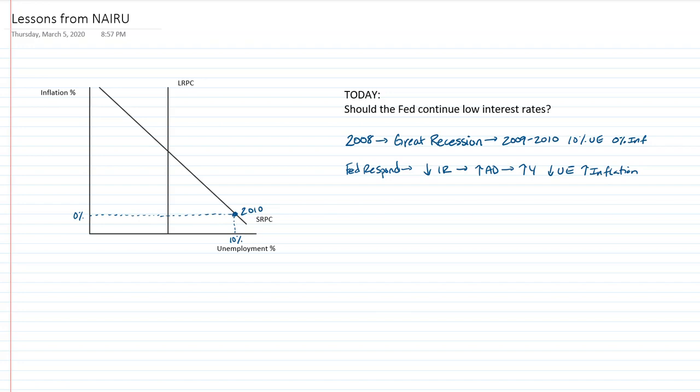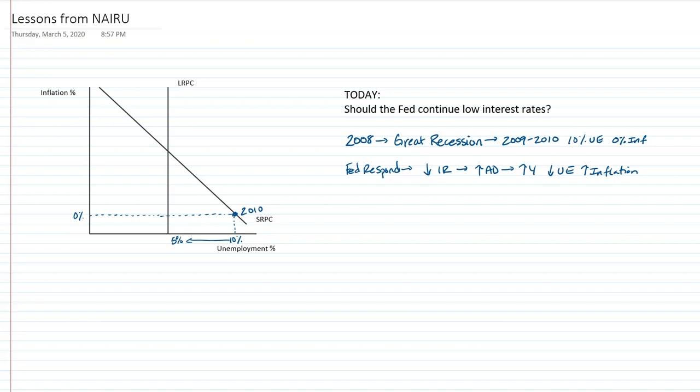And that is what the Fed did. From 2008 moving forward, we definitely saw the unemployment rate begin to come down. And by about 2015 to 2016, the unemployment rate had come down all the way to around 5%.